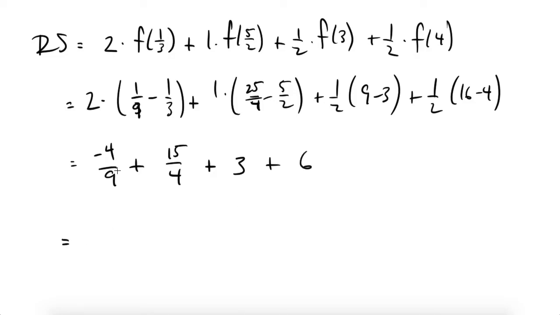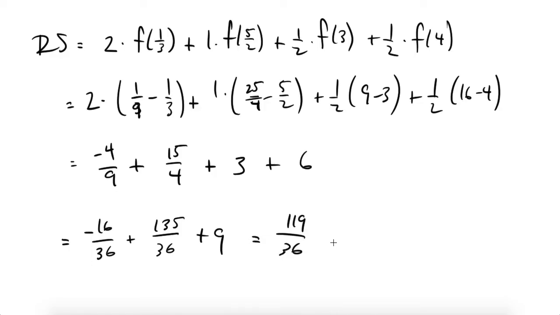So then I need common denominator for these two things, right? So then this is -16/36. This is 135/36, 9 times 15. And then plus 9. So then this is 119/36 plus 9.